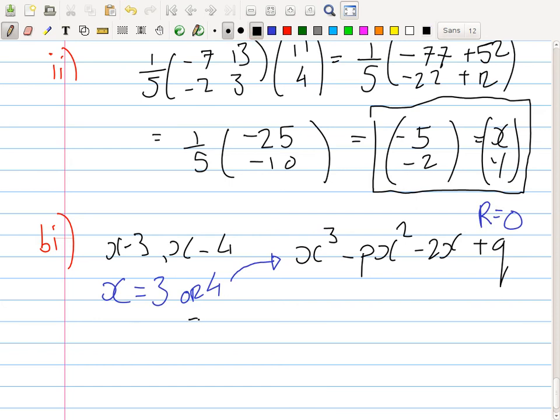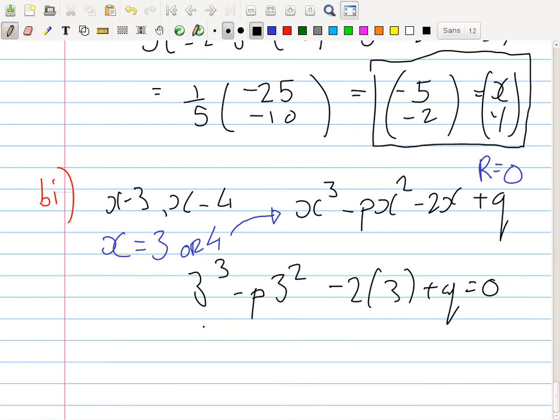So I get 3 cubed minus p times 3 squared minus 2 times 3 plus q should equal 0. And also I get 4 cubed minus p times 4 squared minus 2 times 4 plus q should equal 0.